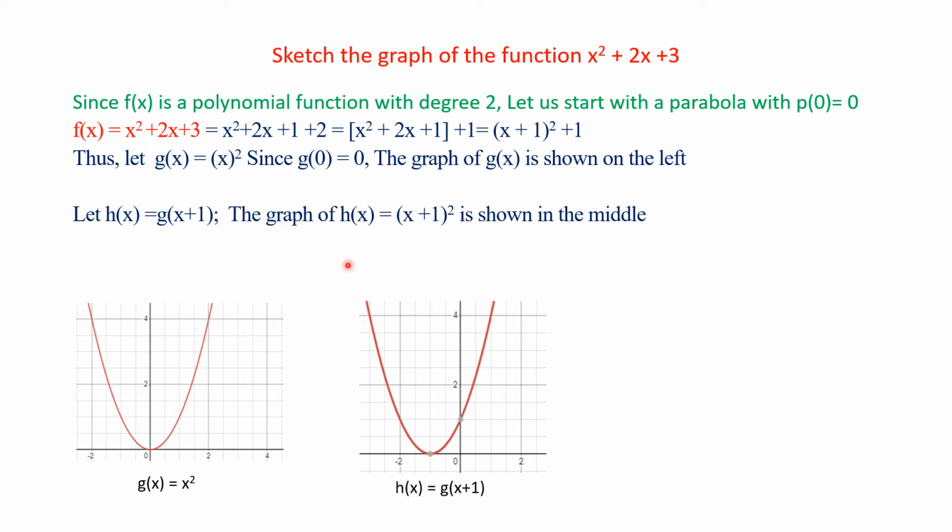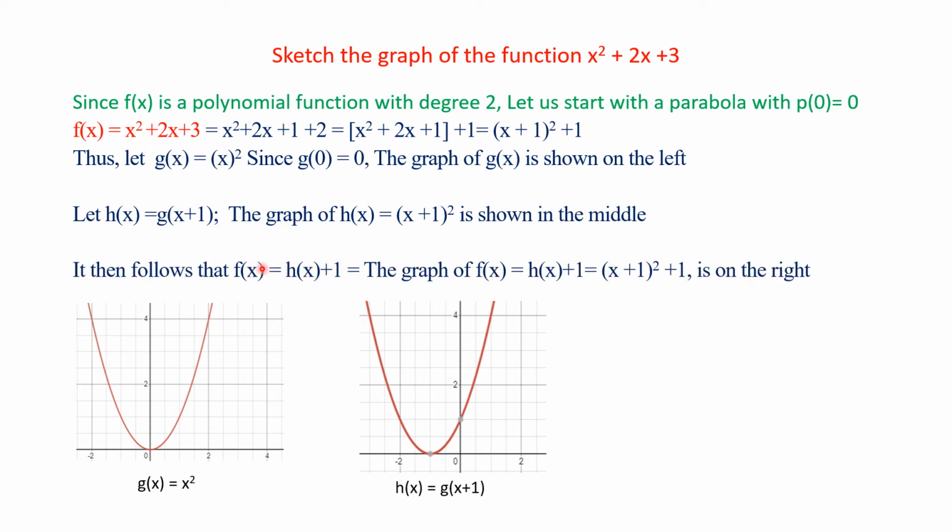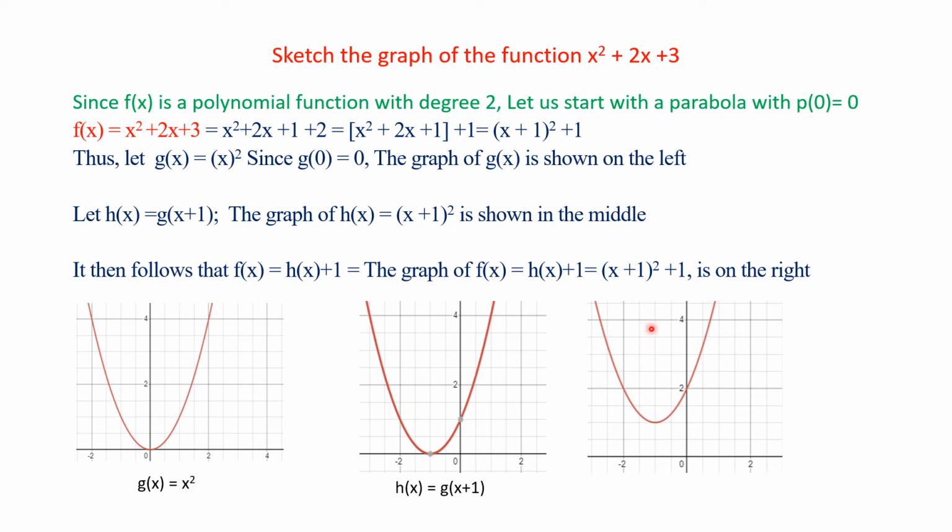Let's take a look at the next. Okay, it then follows that f of x equal to h of x plus 1. This is h of x plus 1. That means we want to shift it up by 1. The graph of f of x equal to h of x plus 1 equals (x plus 1) squared plus 1, and on the right hand side is the graph that represents this, which is the graph that we're looking for.